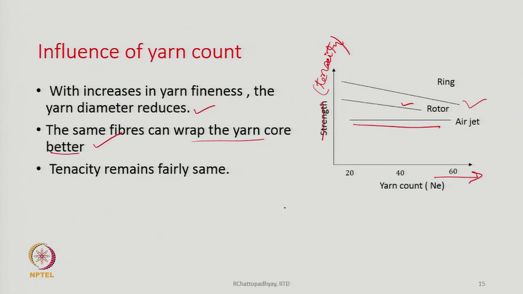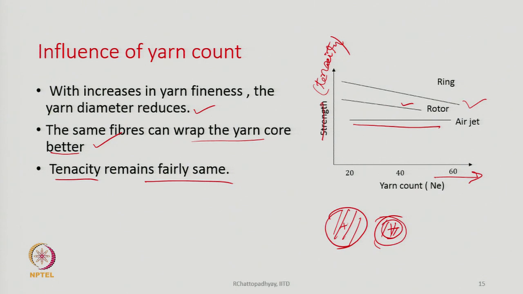Earlier the yarn diameter was like this. Now, the yarn diameter has become less. Same fiber will be able to produce a better wrap around this. So, they will make complete wraps, and because of this the tenacity remains fairly same, it does not change much.